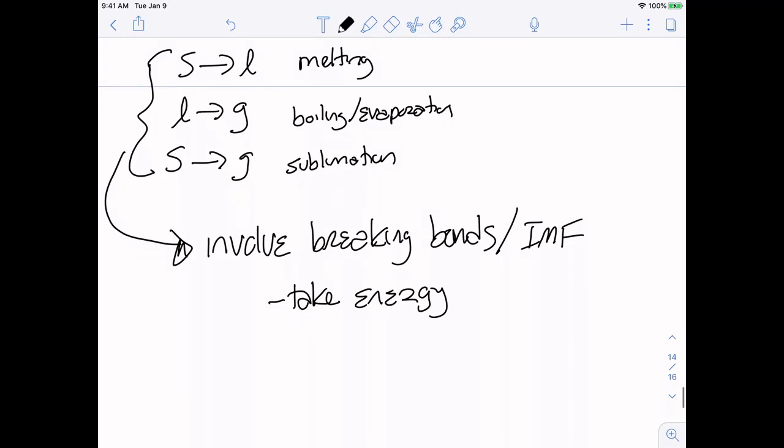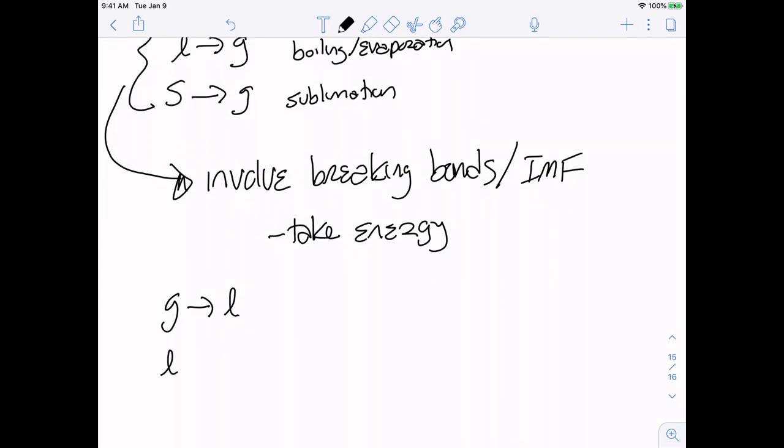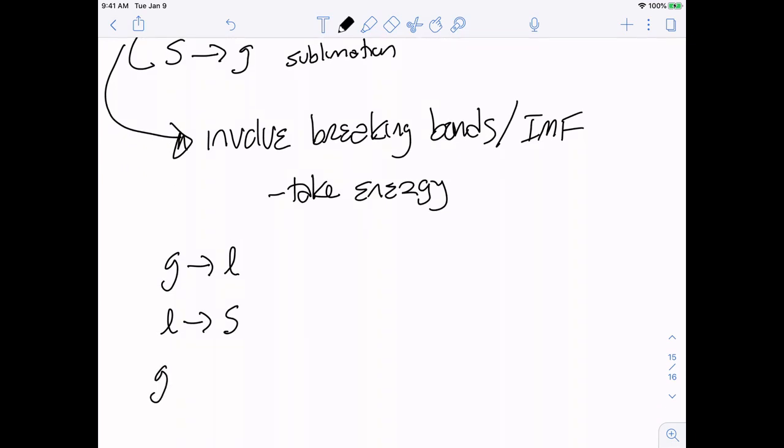And then the opposite, if I'm going from a gas to a liquid, from a liquid to a solid, and then we can go from a gas all the way to a solid. So a gas to a liquid is condensation. A liquid to a solid is freezing.